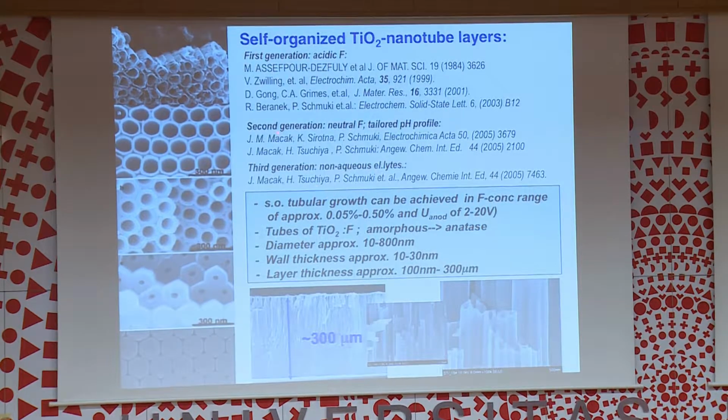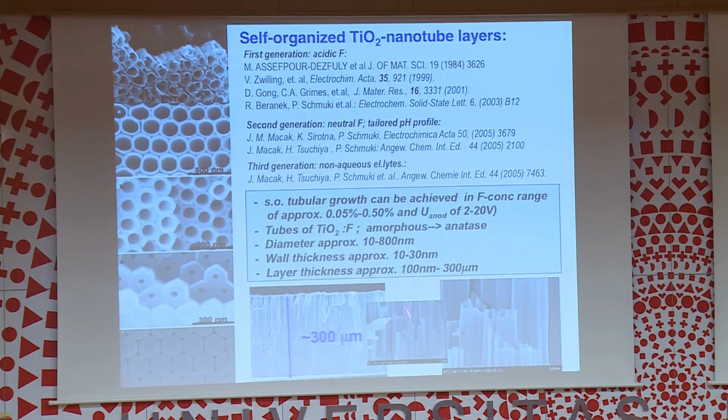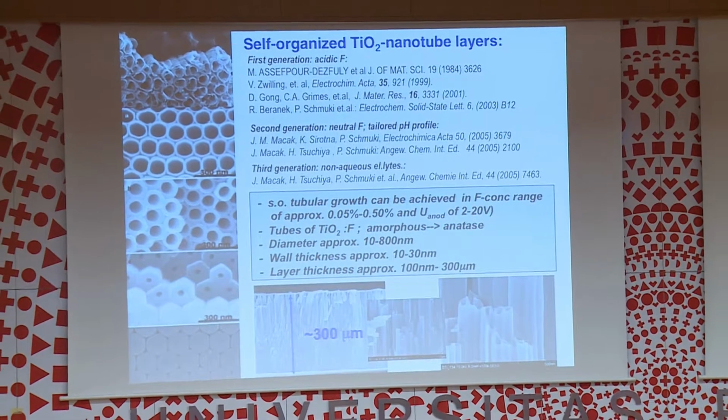And I think that this big step from these badly organized nanotubes to nicely self-organized nanotubes, as you can see them down here, was really done in our lab, and one of the pioneers, Jan Macak, over there. This was the introduction of what we would call the second generation of nanotubes, really starting to tailor the electrolyte towards optimized formation, dissolution, equilibrium.